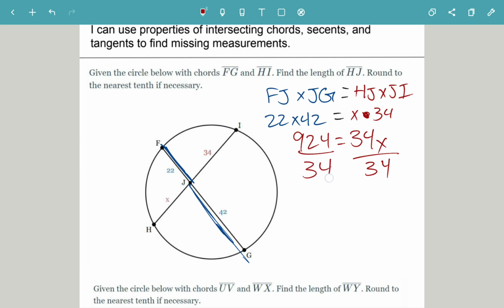Divide both sides by 34. You get 27.2 equals x.